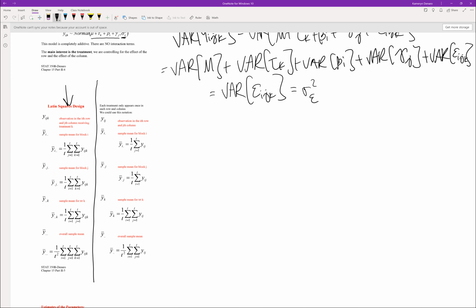Y bar i dot is the sample mean for block i. I'm going to stick with this left side for now, but really either one should give you the same information. But I just wanted to note that depending on what notation you're looking at for Latin squares design, you could see it in either fashion depending on the textbook that you were looking at.